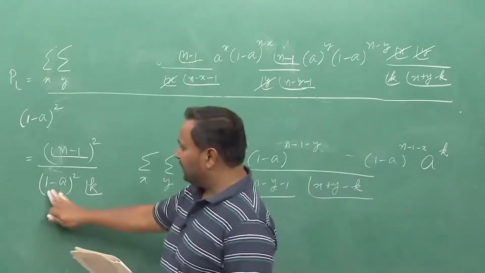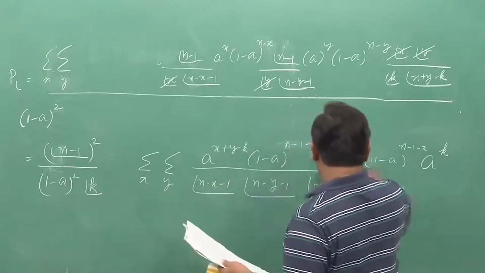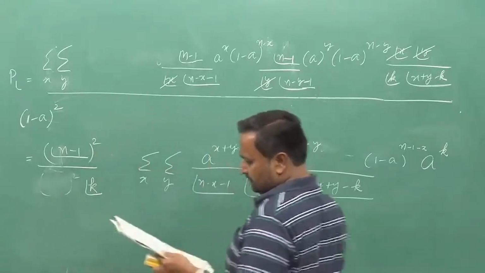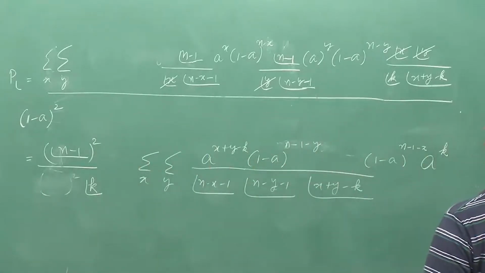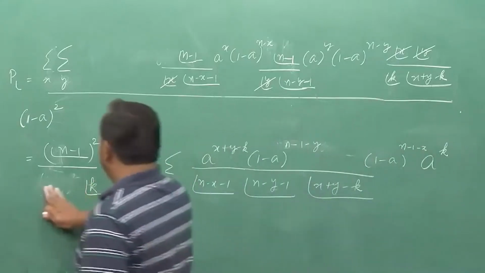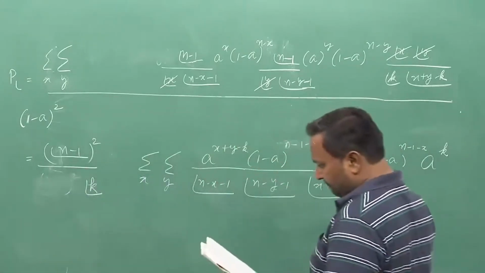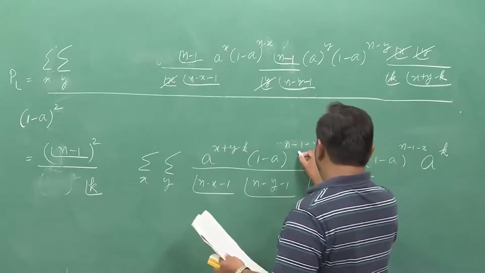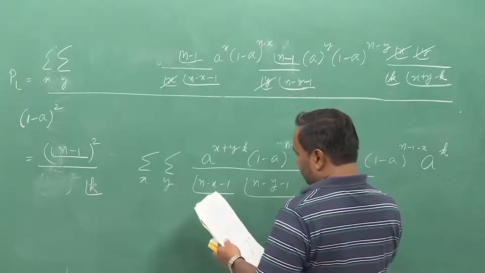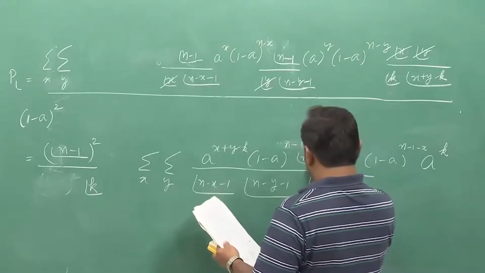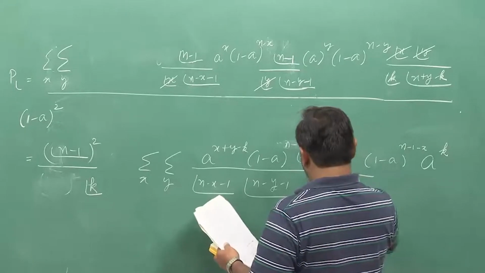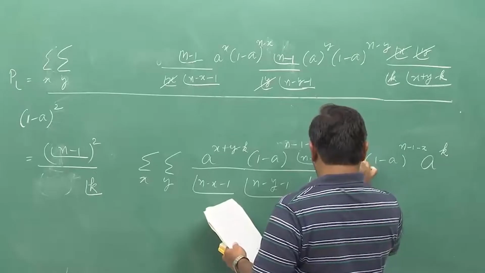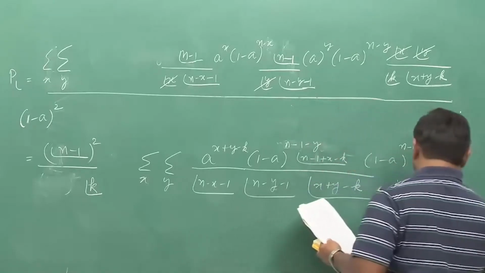This is because this 1 minus a square has to come up, so that these minus 1s are sitting in. So, I have to remove this. We will also add a factorial here, so that we can solve it later on. N minus 1 plus x minus k. So, I will put the same thing in the denominator here.